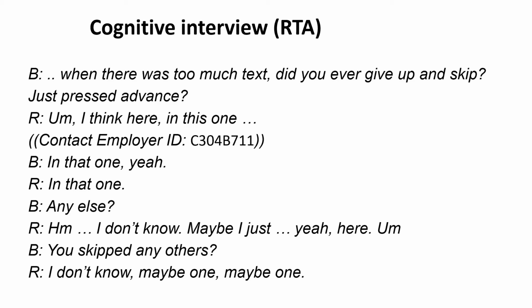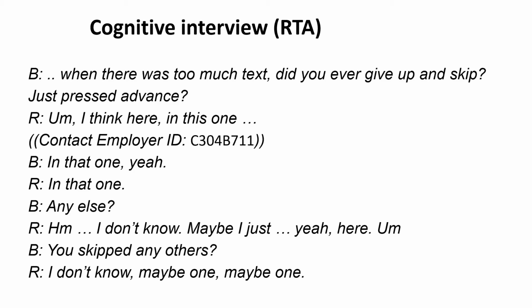However, now let's look at the data from the retrospective think aloud from a cognitive interview. And in this case, it's between me and the respondent. Now, I'd been observing the testing situation and also video recording. And then I was able to ask, when there was too much text, did you ever give up and skip? Just press advance? Okay, now you might think that's a loaded question, but I'd been observing and taking notes. So, rigorous observation.